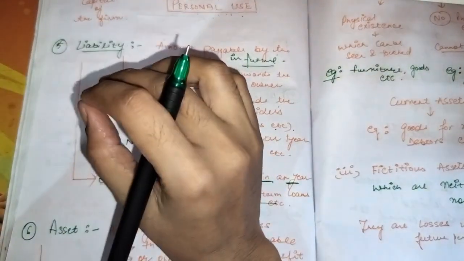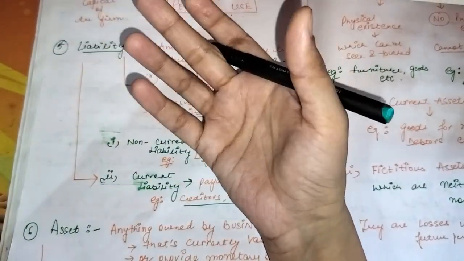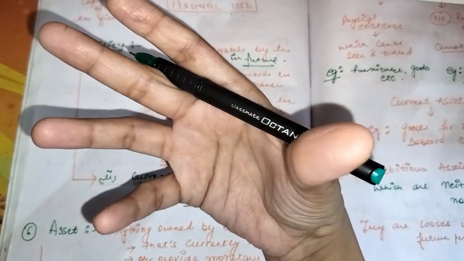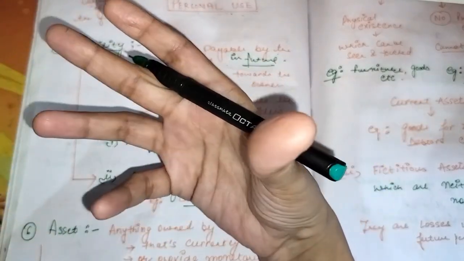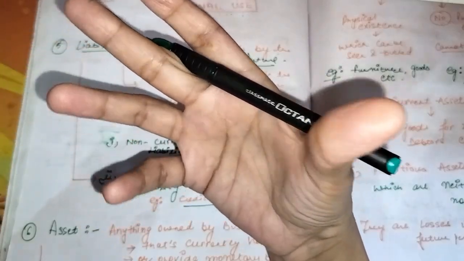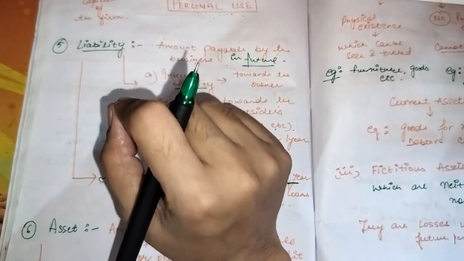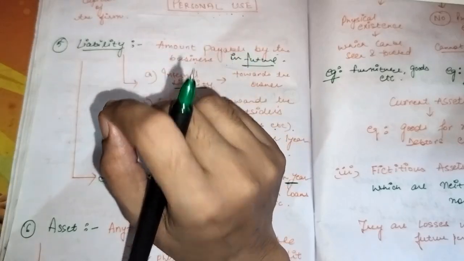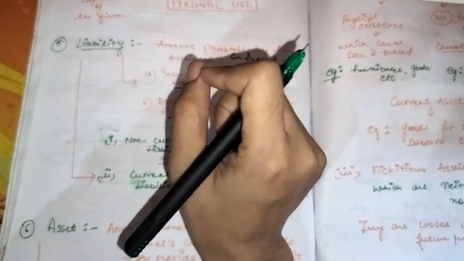Now liability is the amount that is payable in the future. Now what is basically an asset for the business? Asset is any amount or any kind of goods, or you can say anything that is owned by the business. For example, the business is having machinery, the business is having furniture. These will be considered as assets for the business.